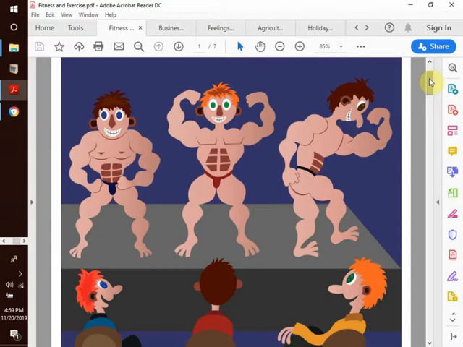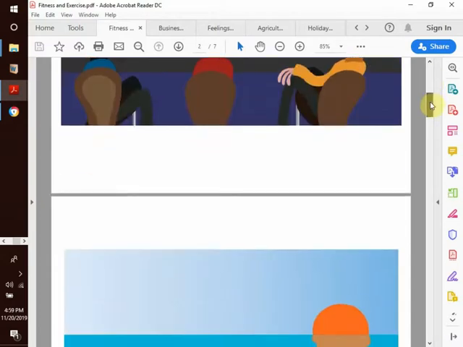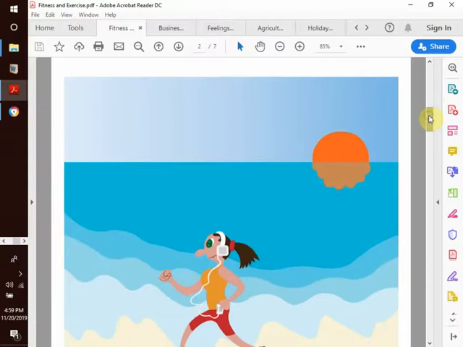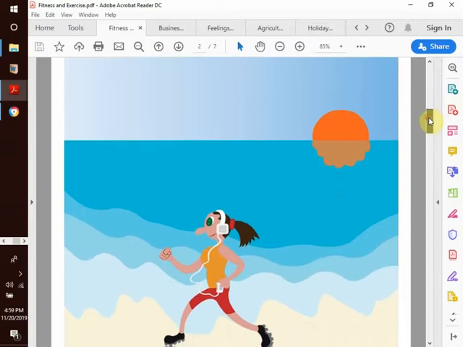So awesome. Maybe you want to spend your afternoon jogging on the beach or just jogging around the neighborhood. It is also some kind of sport.